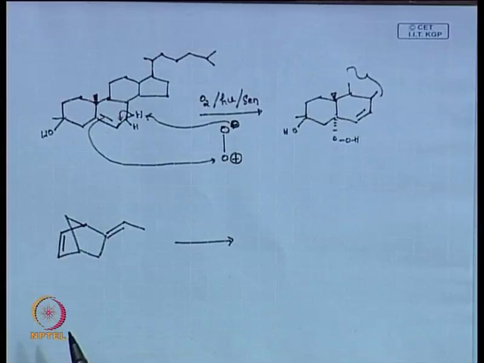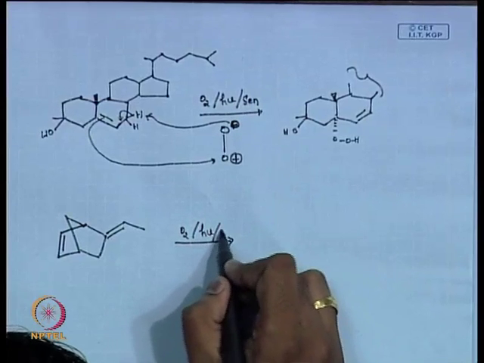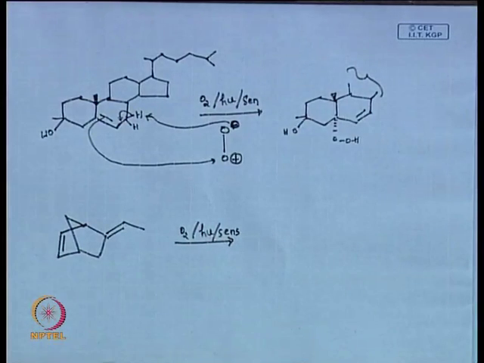Can I give a clue? The reaction gives me 3 products. Once I irradiate this in oxygen in the presence of a sensitizer, I get 3 products.